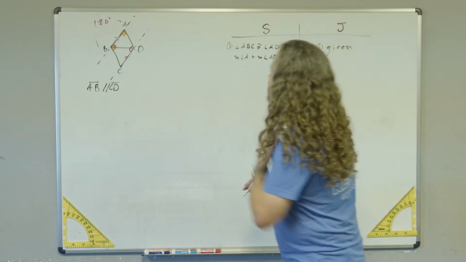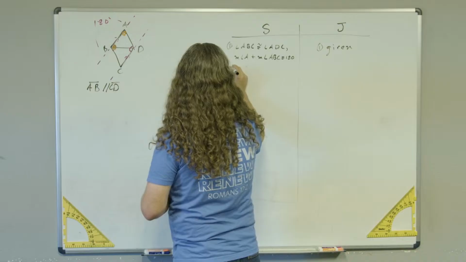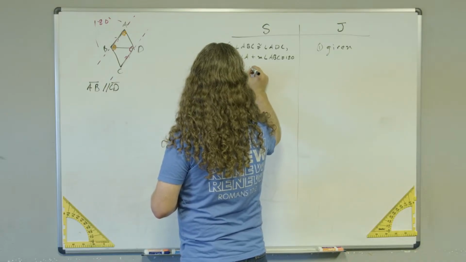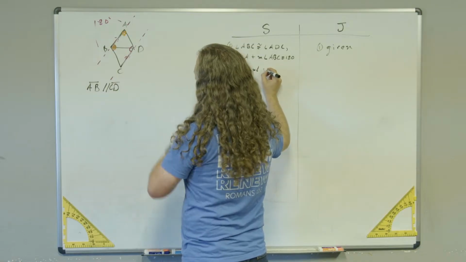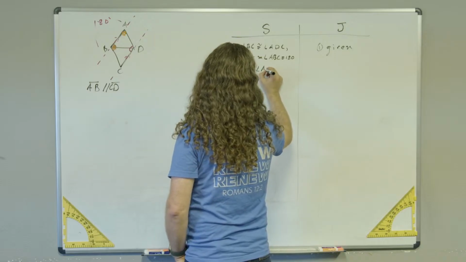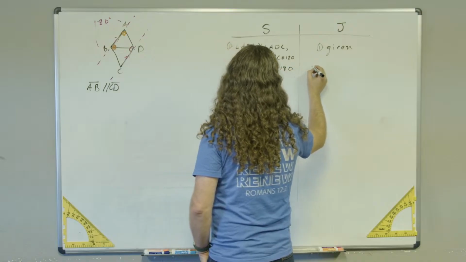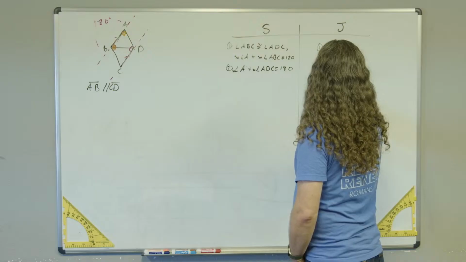So we could say, what you're saying, is that the measure of angle A plus the measure of angle ADC equals 180 because of the congruent supplement theorem.